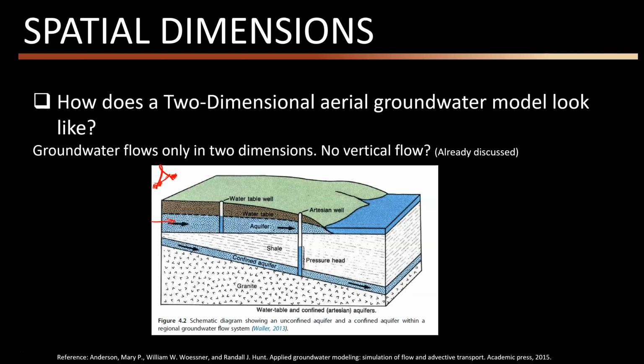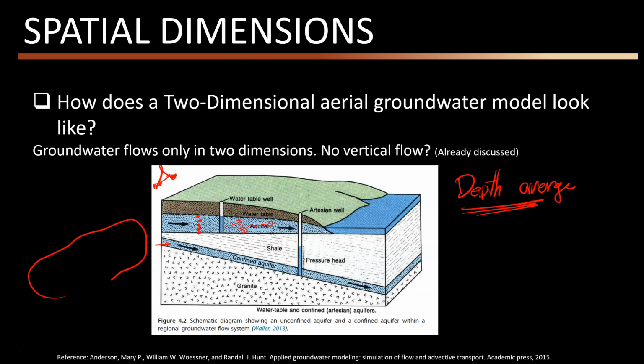For example, here as you see, this is my unconfined aquifer and this is my confined system. Here I assume that the streamlines are all parallel and I ignore the vertical component of the flow, and technically I depth-average the system. So if I find the head at any point, the heads at these points are all the same.